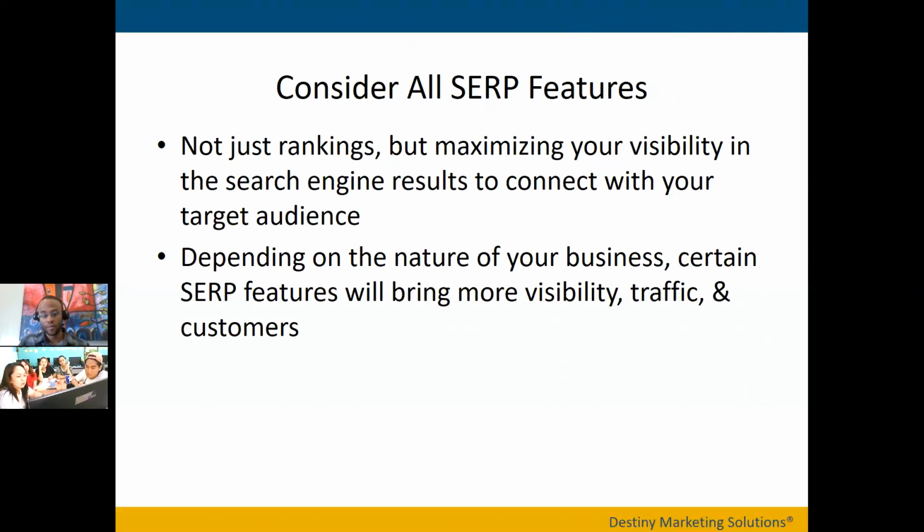Depending on the nature of your business, certain search features will bring more visibility, traffic and ultimately more customers. So let's compare Interrupt Media. You have an office in San Francisco, but you're probably looking for clients everywhere, so your organic rankings might be really important.